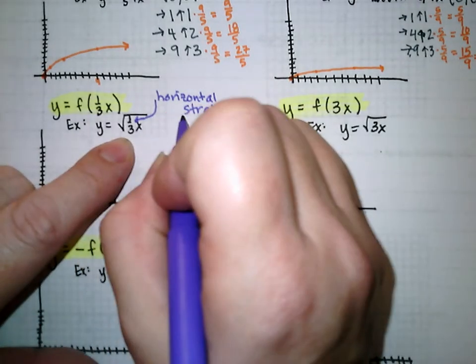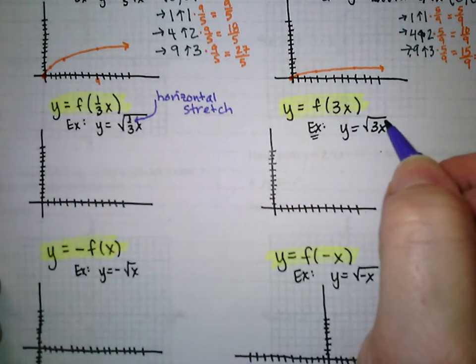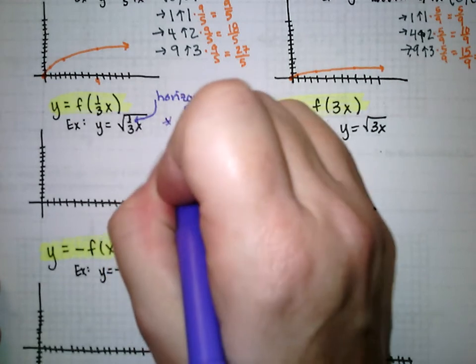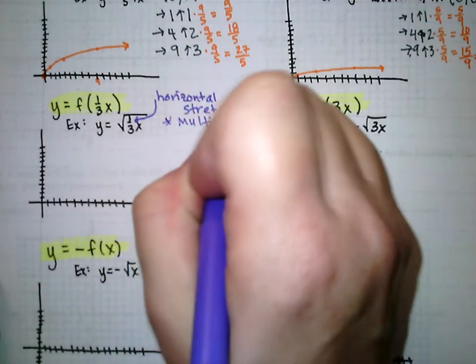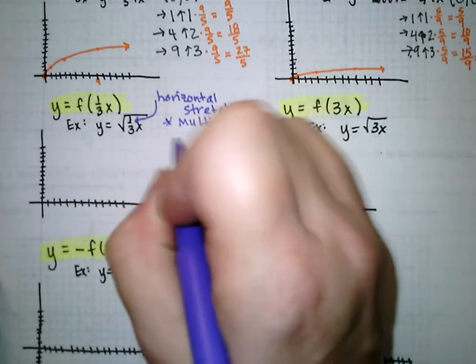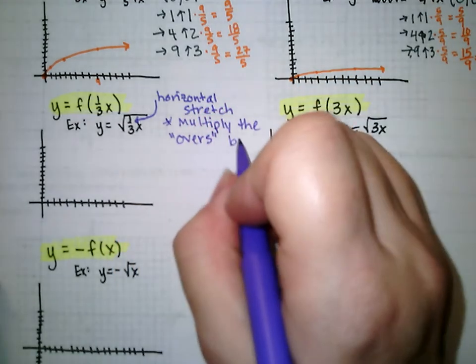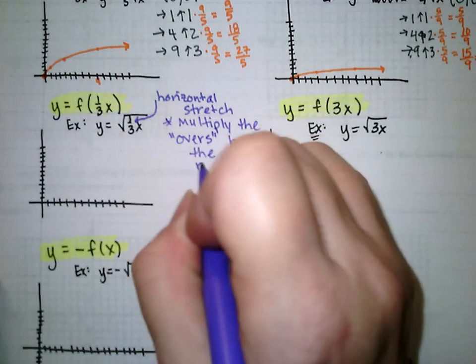So when we have a horizontal stretch or compression, we're going to do that same strategy. We're going to multiply the overs by the reciprocal of that number.